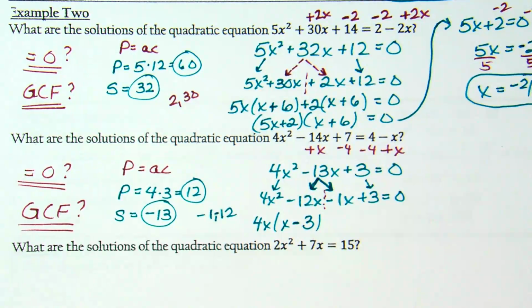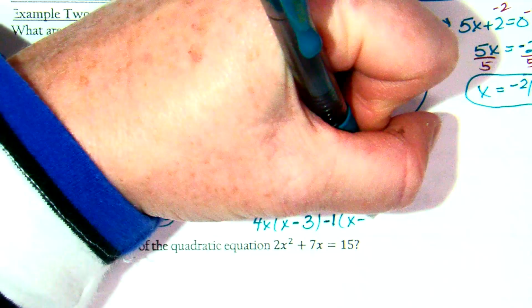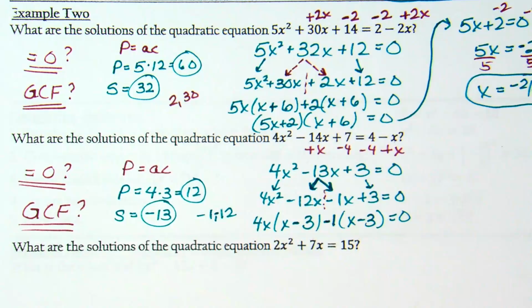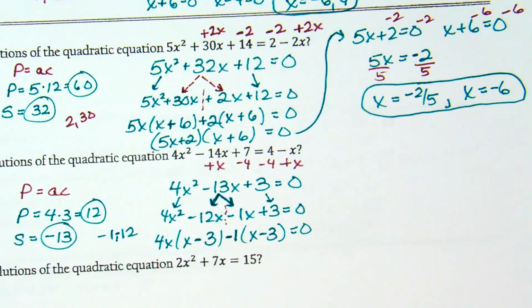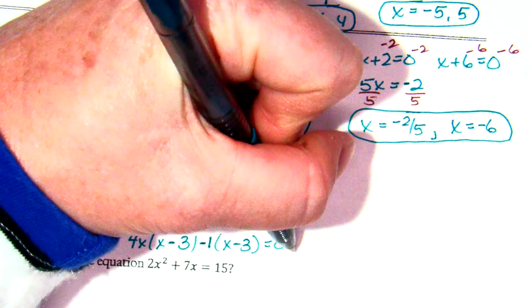And that's what's going to work out best for my signs. So if I use negative 1, negative 1x divided by negative 1 becomes a positive x. 3 divided by negative 1 becomes minus 3. Did it work out so my parentheses match? It did, and that's what matters.